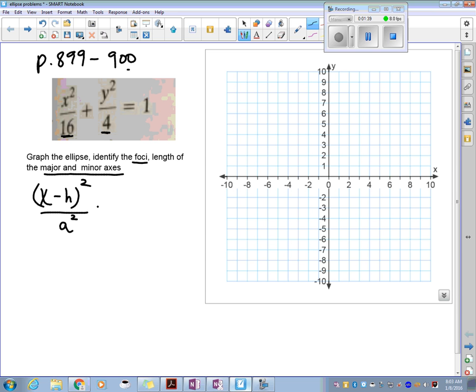This is the standard form for an ellipse, which you were reading about the other day. Y minus k squared over b squared equals 1. This is where you find the major axis, and this is where you find the minor axis.